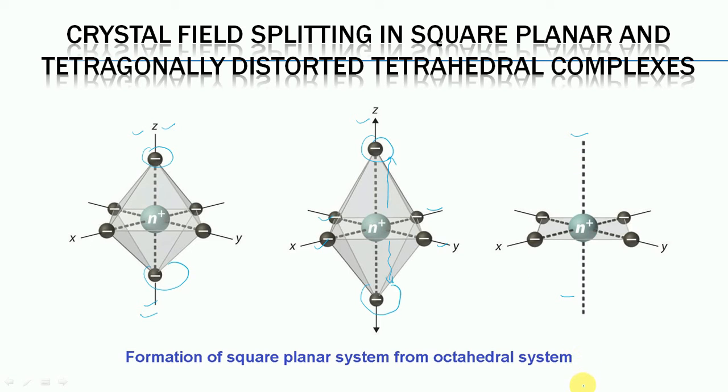The splitting of d orbital in square planar complexes can be easily derived from knowing the splitting of d orbital in case of octahedral complexes. As we already discussed, square planar geometry is derived from octahedral complexes by removing any two trans ligands from the octahedron complex. Generally the xy plane is taken as square planar and the trans ligands on z are removed.